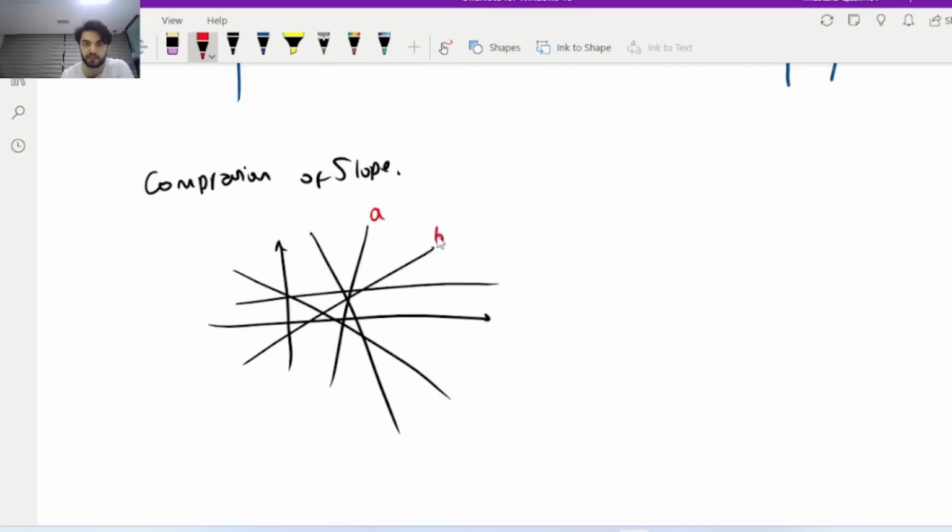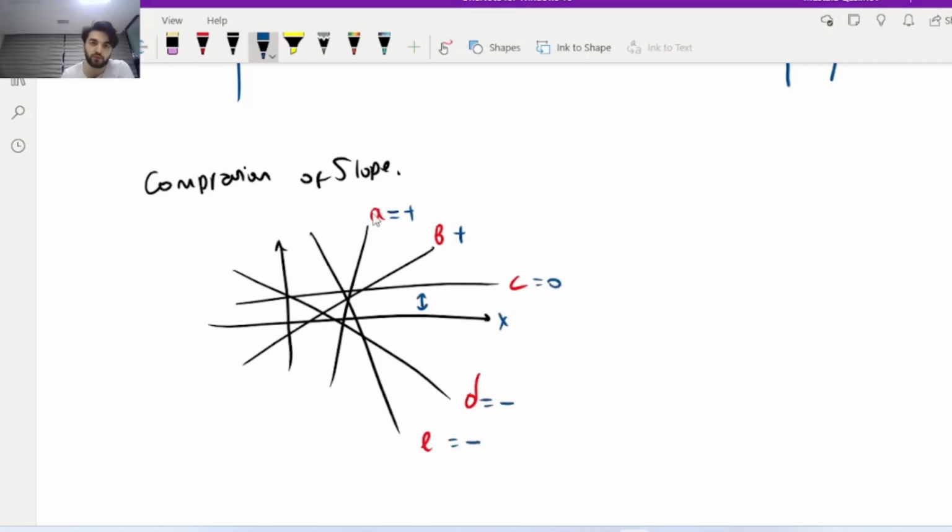Let's say this is A, B, C, D. For comparison of slope, we have to first identify which one is equal to 0, which one is positive, and which is negative. This one is positive, this one is positive. It is parallel to the x-axis, that's why it's 0. This one is negative, this one is negative.